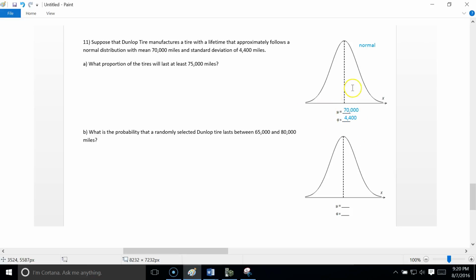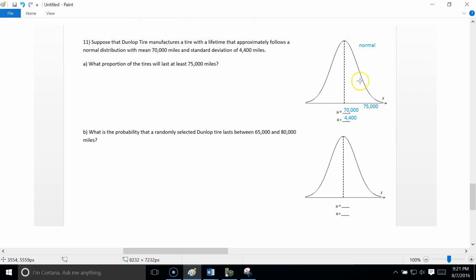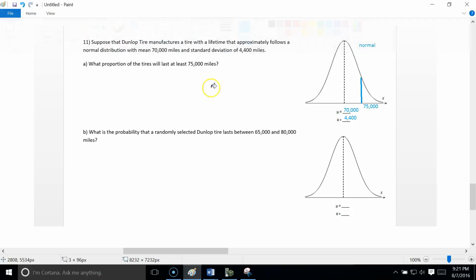Okay, and we want to know what is the proportion of tires that will last 75,000 miles or more. So somewhere over here is going to be 75,000 miles. And we want to know what is that area. Let's say that the 75,000 starts there. 75,000 or more. So I want to shade in this area.